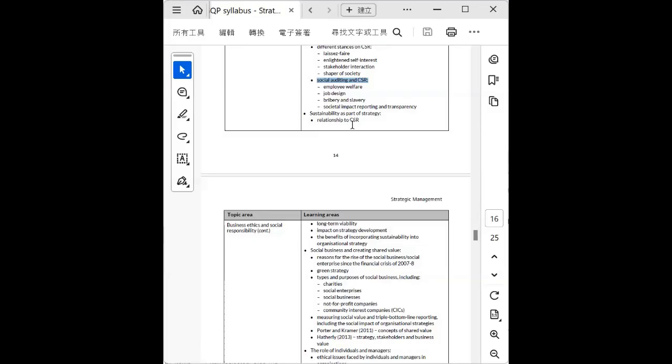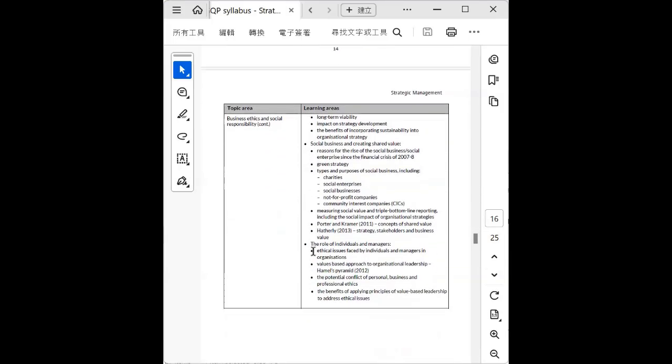Impact on strategy development explores how sustainability considerations influence strategic planning and the benefits of incorporating sustainability into organizational strategy. So we looked at the advantages of incorporating sustainability in business practice. By now, it's quite certain that sustainability is a part of strategy. When you consider the strategy, you have to consider sustainability.